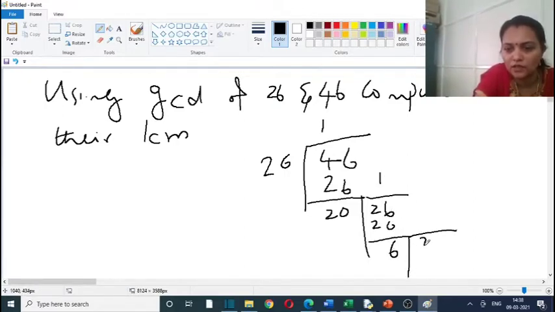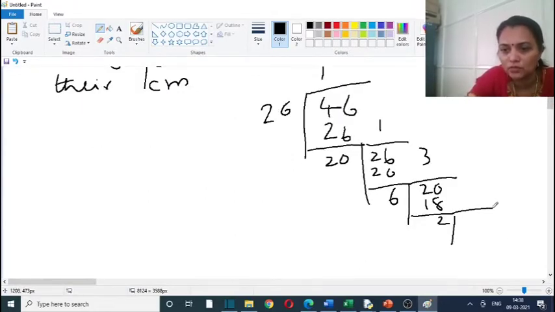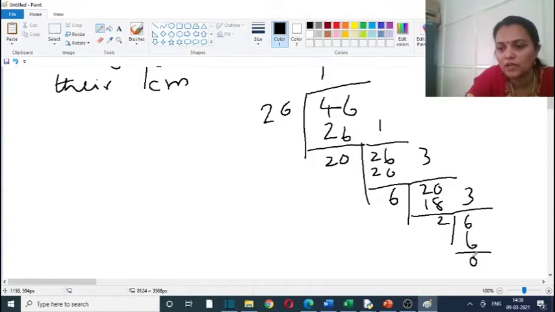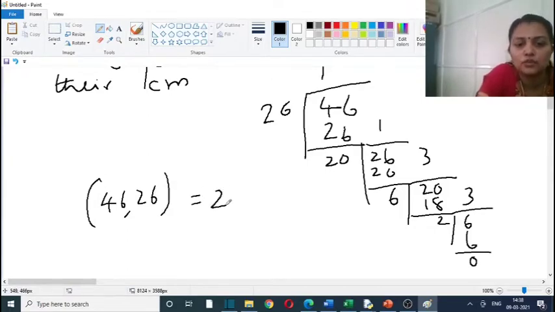Again divide 20 by 6. 3 into 6 is 18. Remainder is 2. Now divide 6 by 2. So 3 into 2 is 6. So last non-zero remainder is 2. So GCD of 46 and 26 is equal to the last non-zero remainder, which is 2.